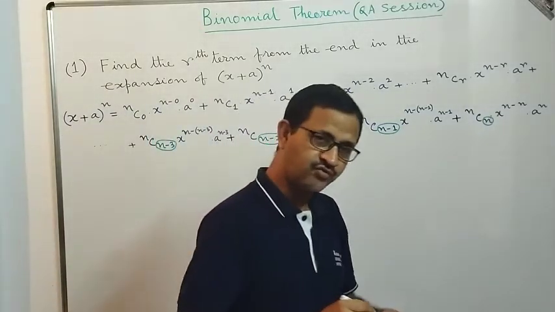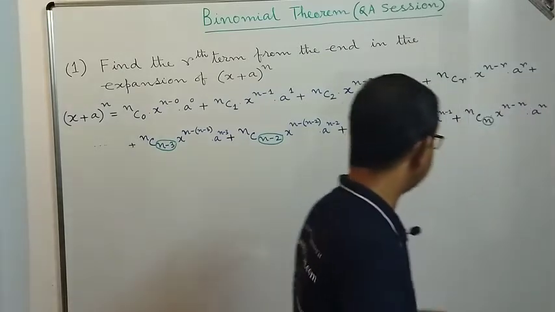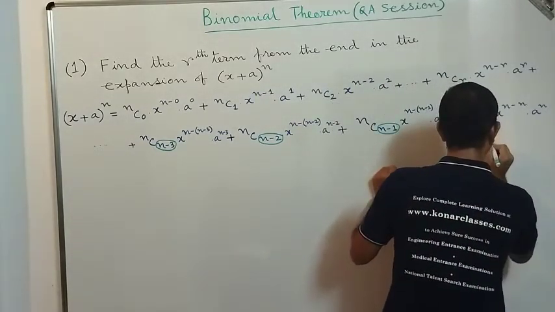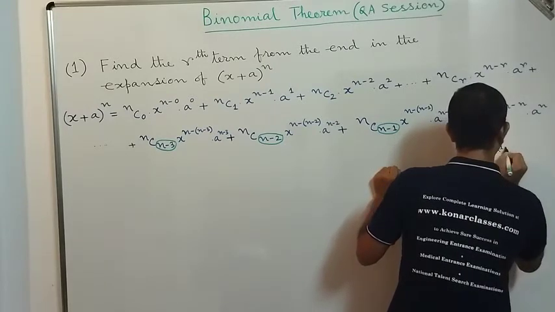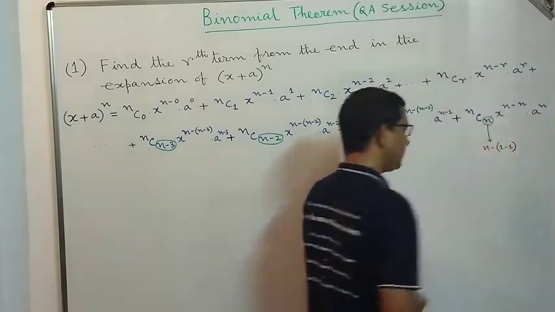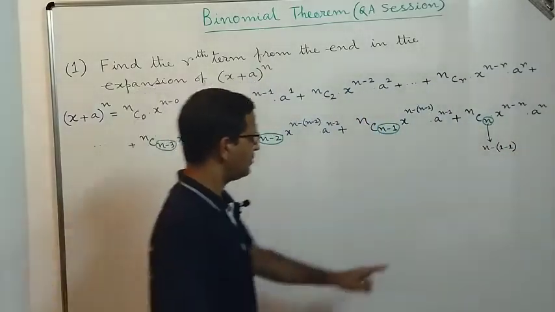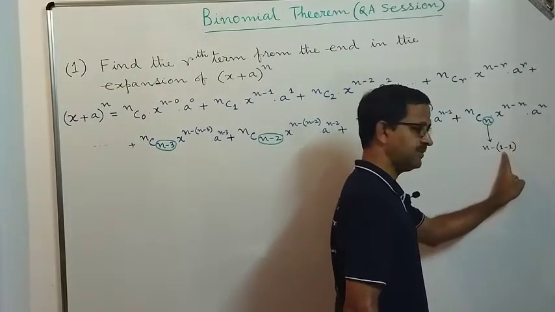Okay. Now to find a pattern, what we see dear students is that we can write this n as n minus 1 minus 1. You may have a question that, sir, how are you writing like this? Okay, because this 1 is associated with the first term from the end.